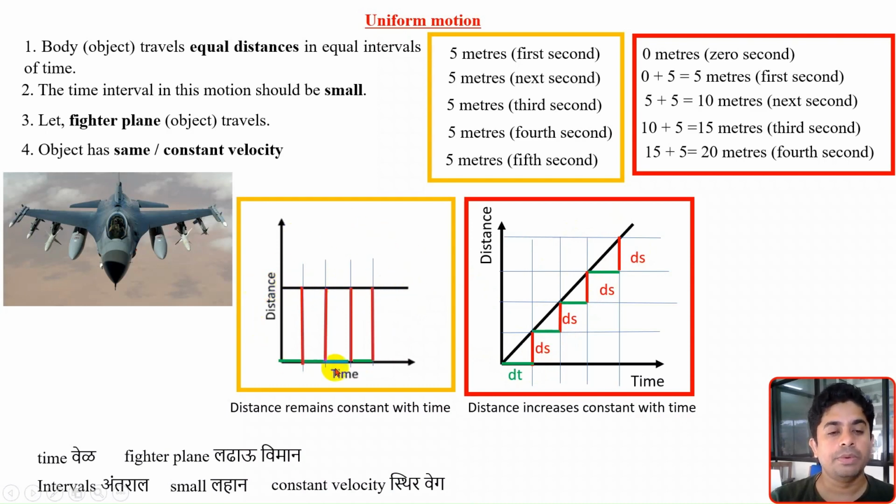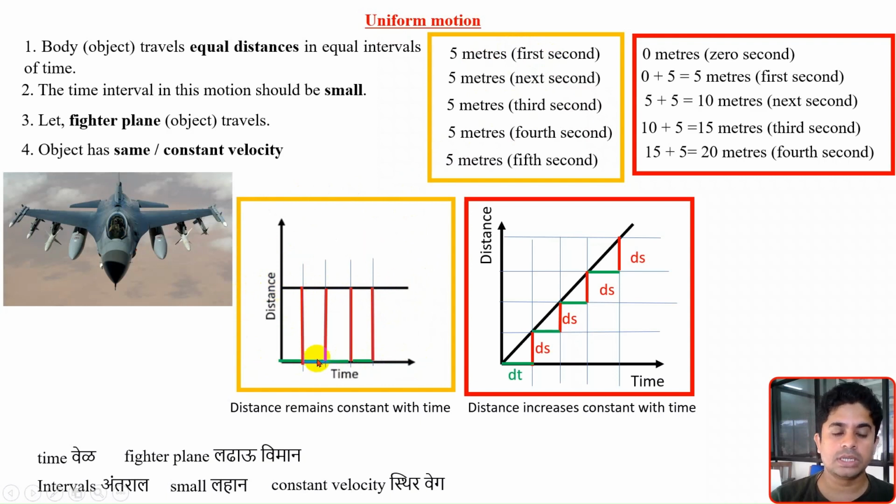About this graph, we will discuss more in the distance-time graph and velocity-time graph videos. There, we will get more clarity. But just now, for understanding, if I plot time versus corresponding distance, for any time interval the distance covered by the object remains the same.